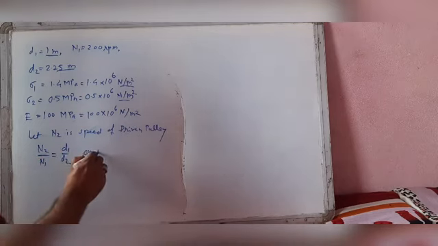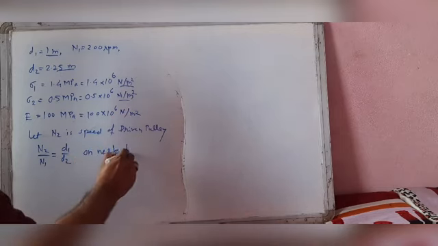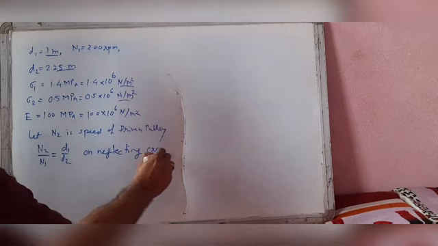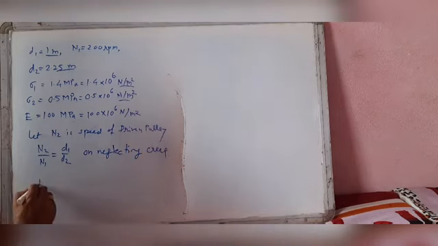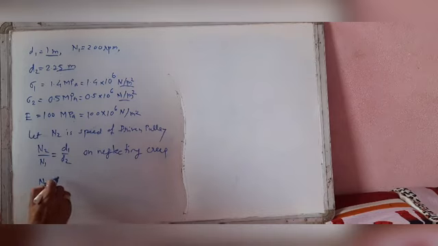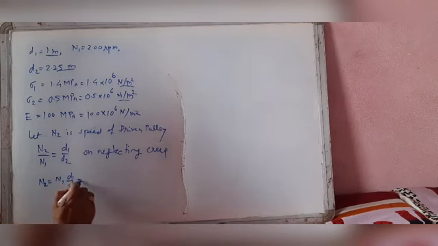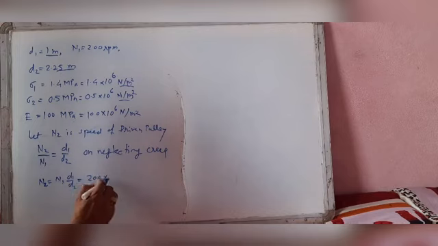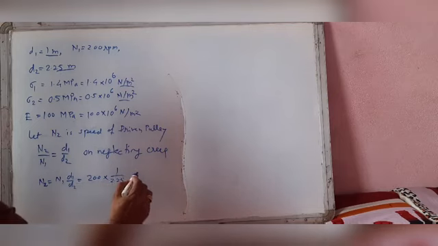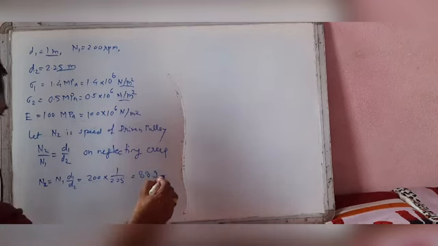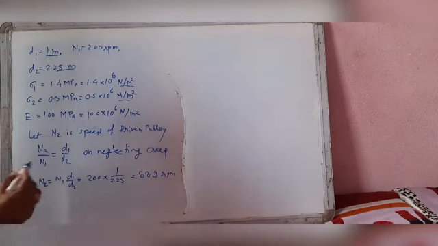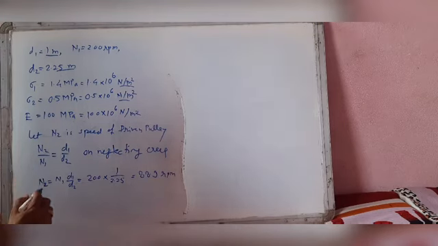So N2 equal to N1 into D1 by D2. Putting the values here, N1 is 200 and D1 by D2 is 1 by 2.25. So this comes 88.9 rpm.